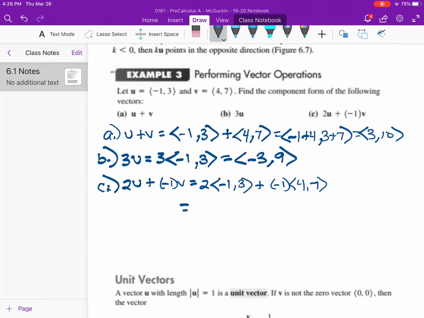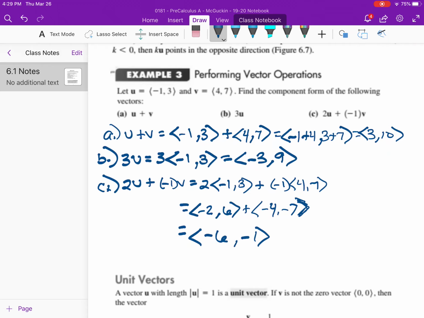So we would have 2 times -1, which is -2, and 2 times 3 is 6. Plus -4, -7. At this point, we add those two vectors together. So we get -2 plus -4, which is just subtraction, to get -6. And 6 minus 7 is -1.